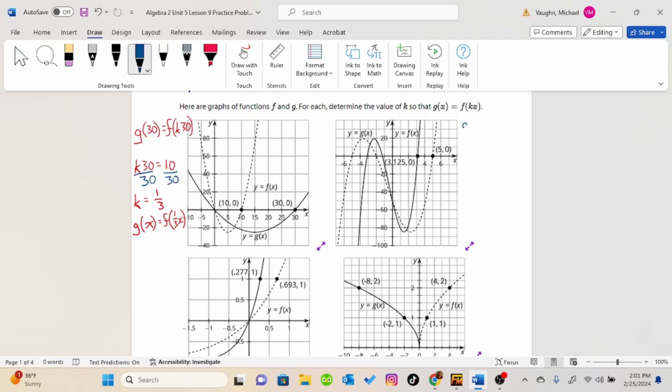So we're saying g of 5 equals f of k times 5. And we see that the f value is 3.125. So we need k times 5 to equal 3.125.